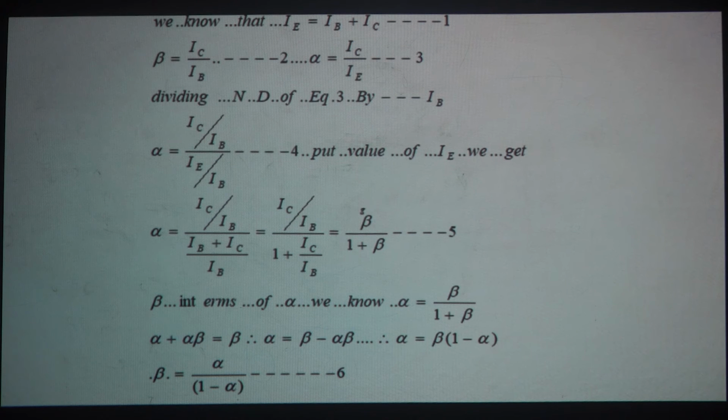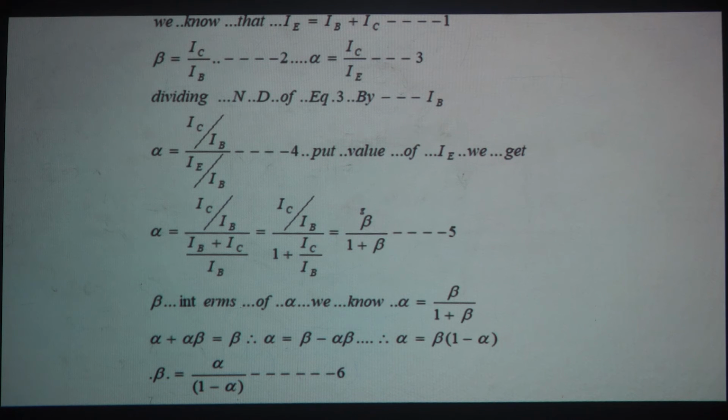Now we calculate the value of beta in terms of alpha. We know that alpha is equal to beta divided by 1 plus beta.